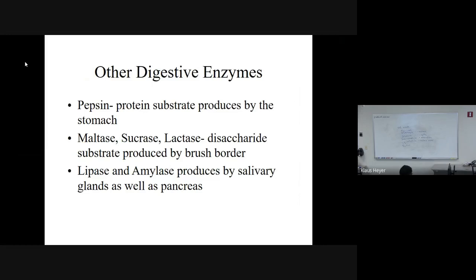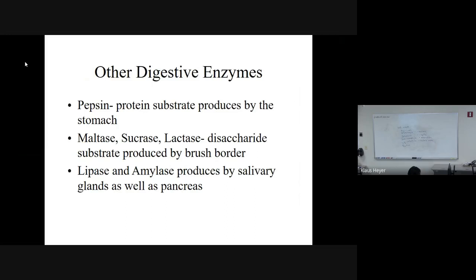What I'm saying is pepsin is produced by the stomach and breaks down proteins. So look at that second bullet point. We will discuss the brush border in a minute. The brush border is just part of your small intestine, so you could just say small intestine. But I've seen tests where they've given the brush border as an answer, so just keep that in your head.